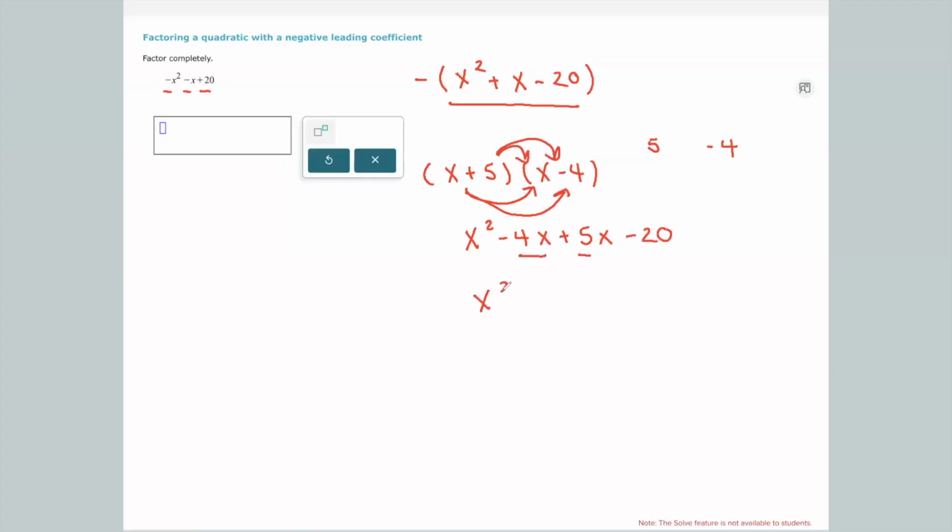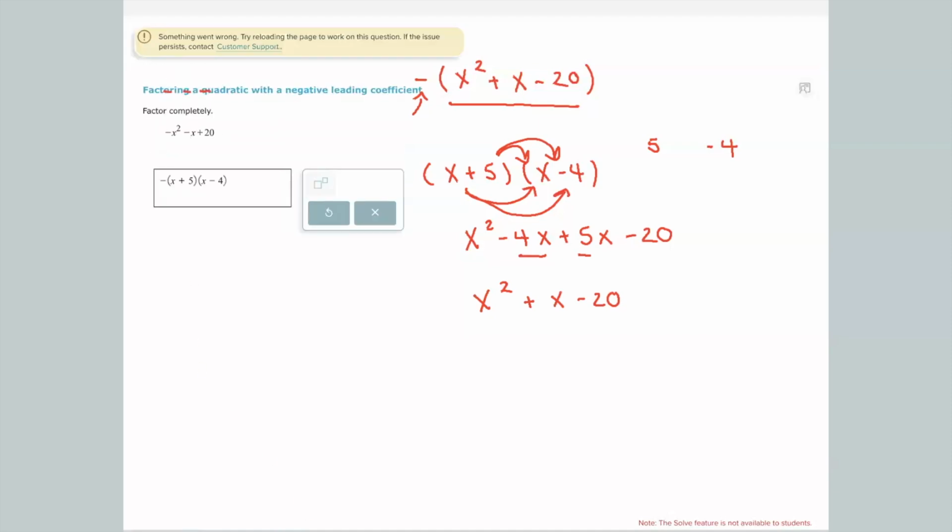So this is going to be x squared plus x minus 20. So important thing, if you're going to do it this way, is just don't forget to put that negative out front. So our answer for this is going to be, let me type it in. So negative, and then we have x plus 5 times x minus 4. And let's check.